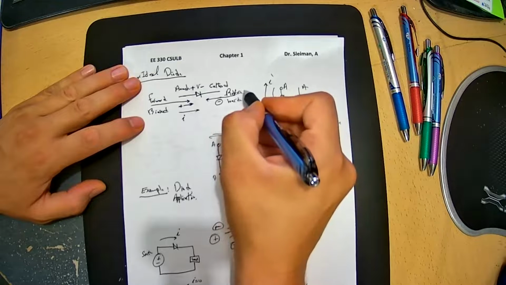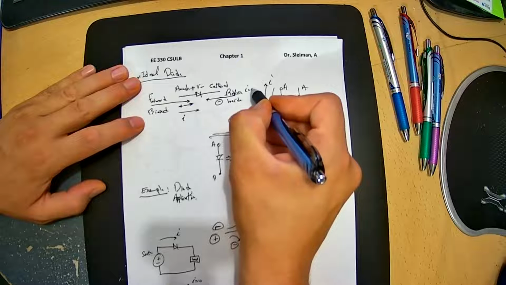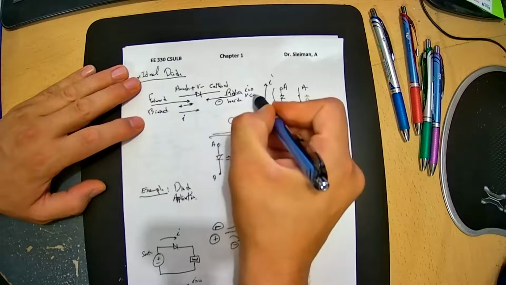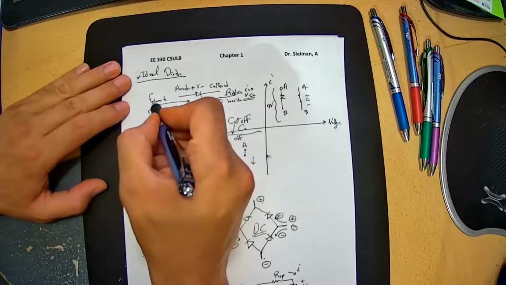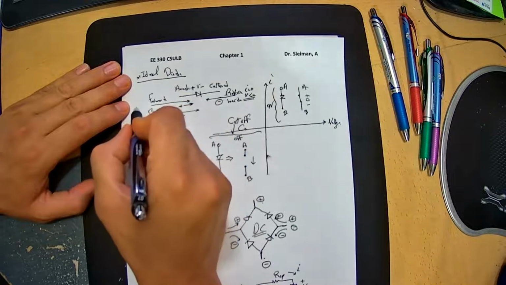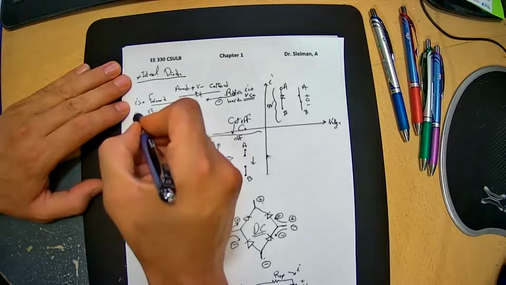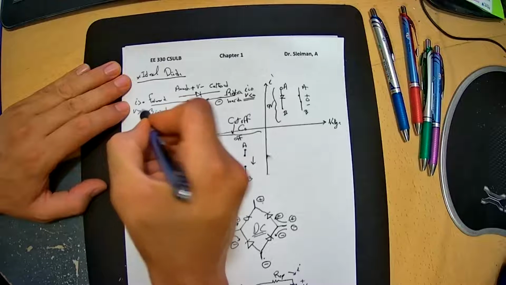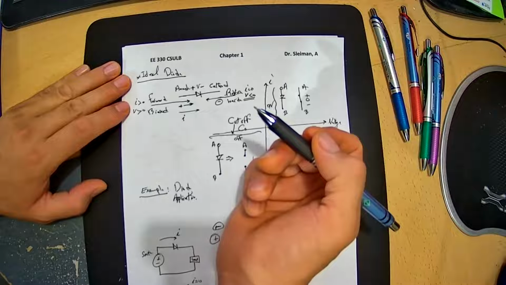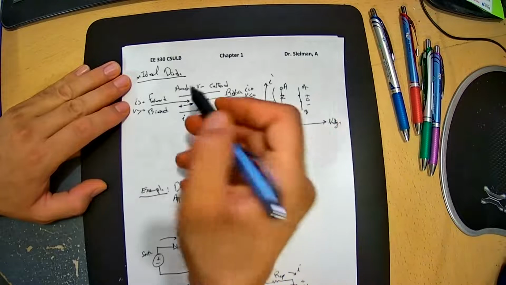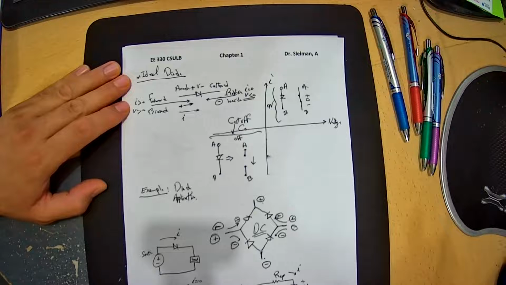So at this point, we have the current equal to 0, and the voltage less than 0, which is the negative side. On the forward bias, we have the current greater than 0 and the voltage greater than 0. This is forward bias, and this is reverse bias.